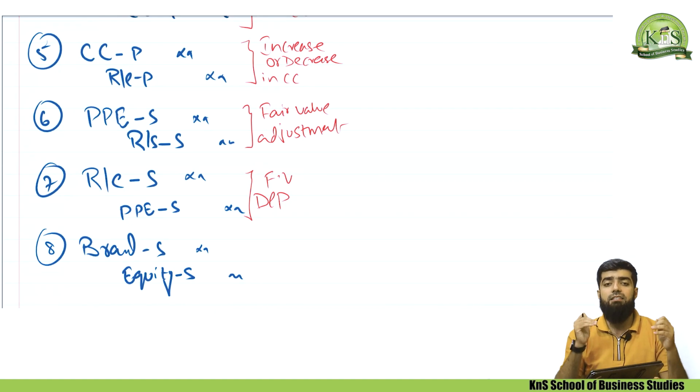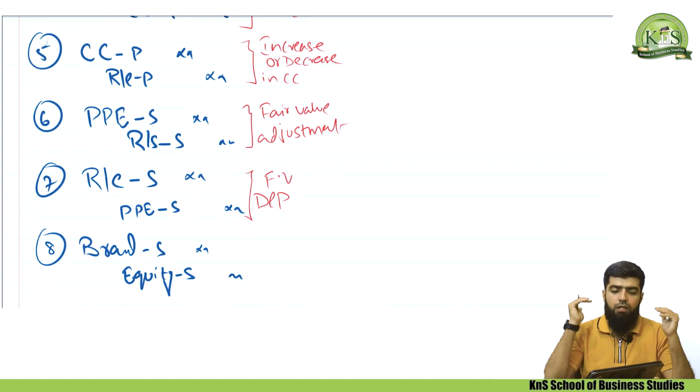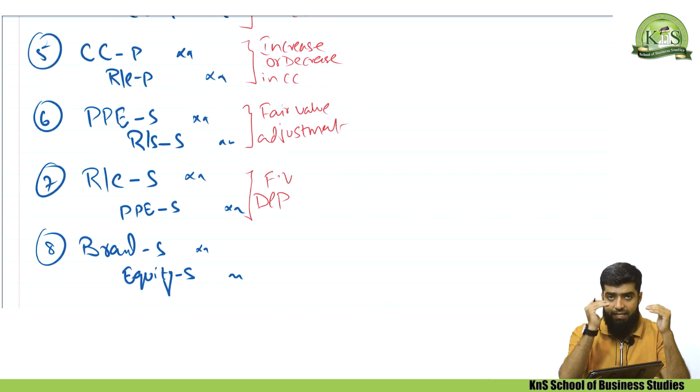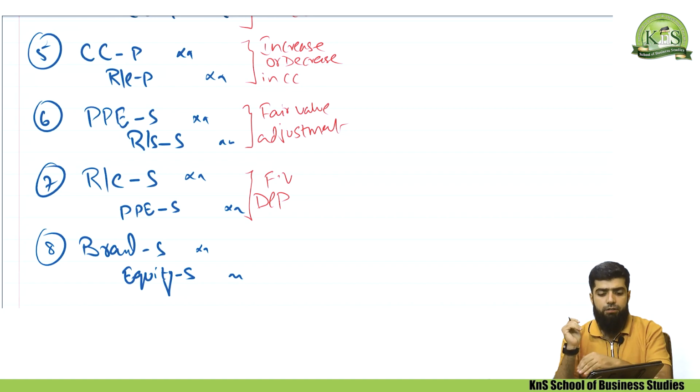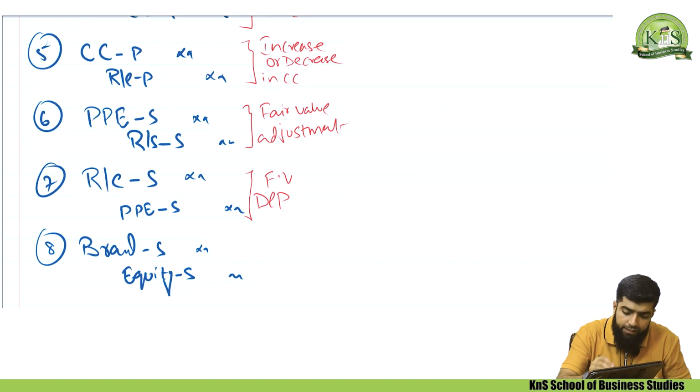As we are recognizing the internally generated intangible, brand will be debited as an asset and equity will be credited. And that adjustment is for internally generated intangibles.